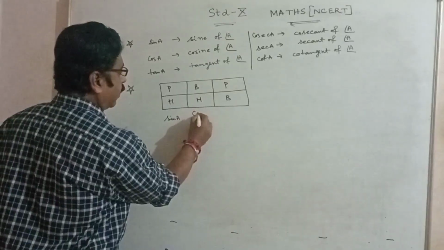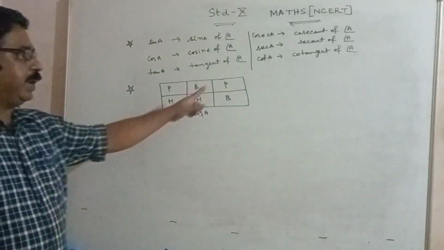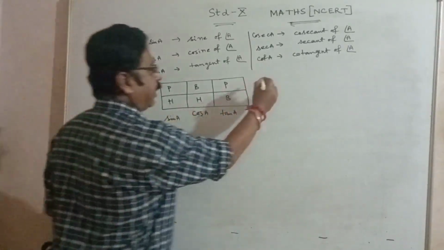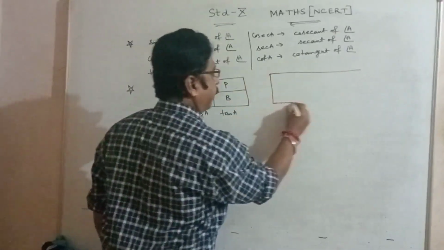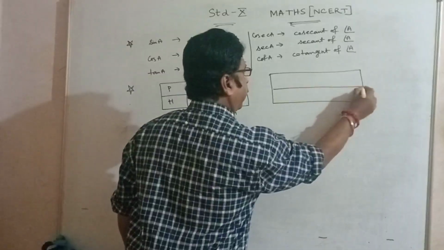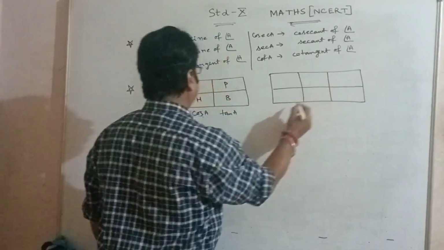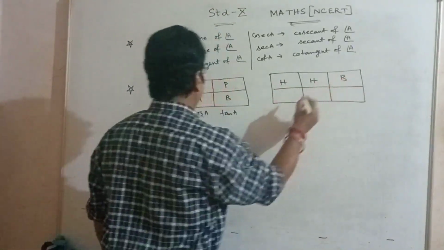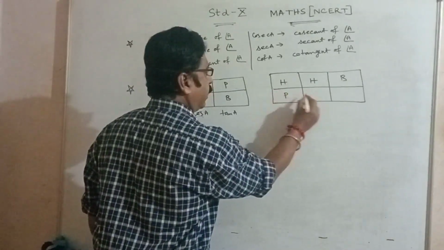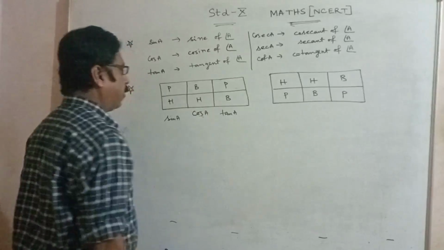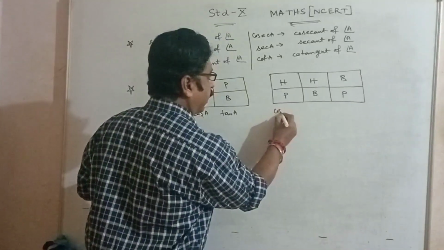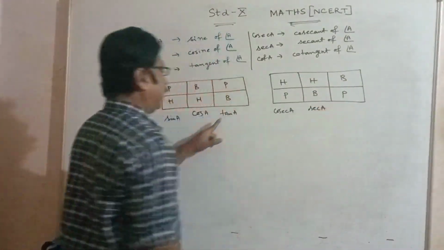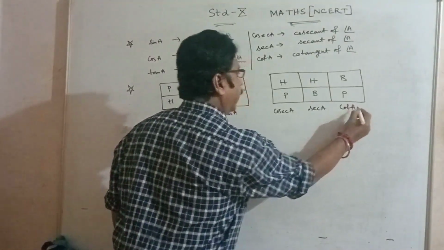Base upon hypotenuse, cos A. Perpendicular upon base, tan A. And if you write this way, reciprocal: H upon P, H upon B, B upon P. Sin A, it will be cosec A. Cos A, it will be sec A. Tan A, it will be cot A.